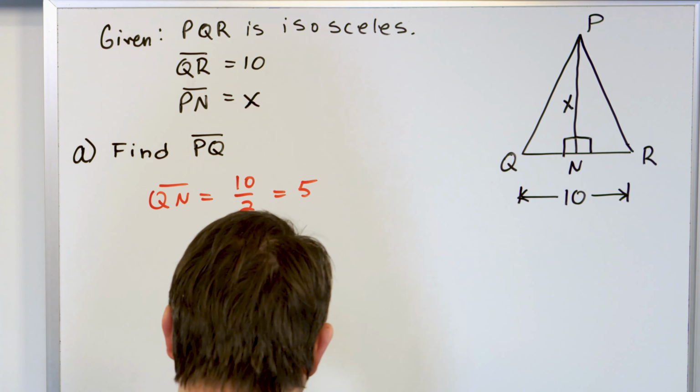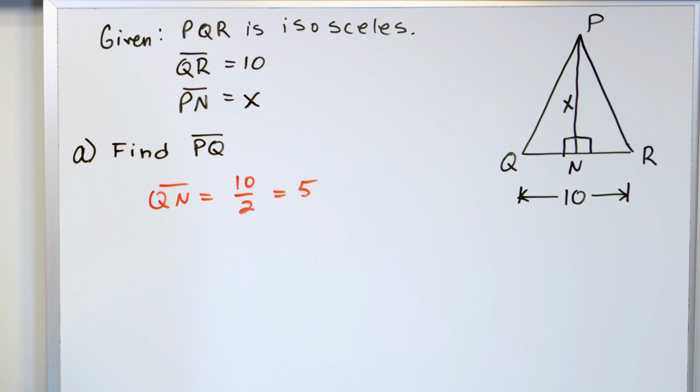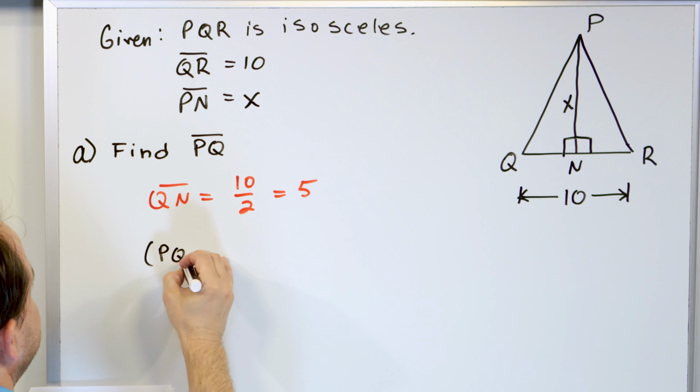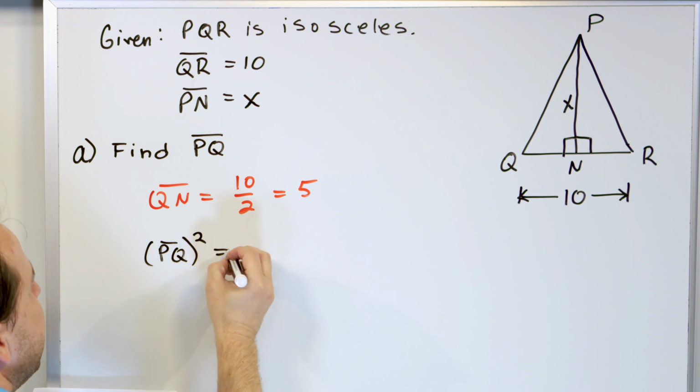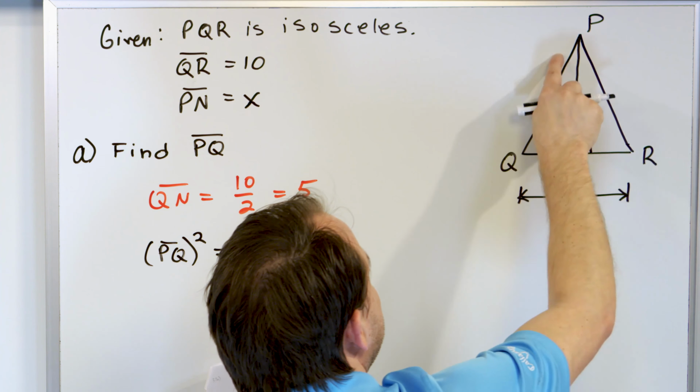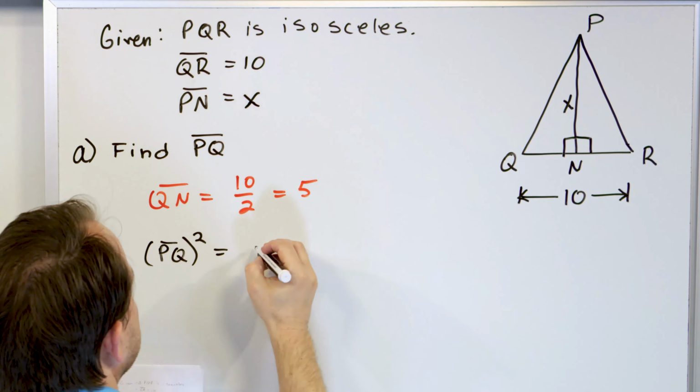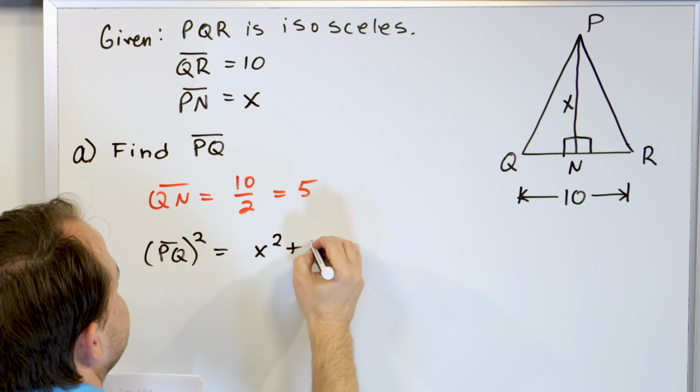That's all I can really do. So let's go ahead and apply the Pythagorean theorem to this. What the Pythagorean theorem says is that the length PQ, right? So I'm going to write it down like this. PQ, quantity squared, is equal to, so that's the length of the hypotenuse, is equal to this length squared plus this length squared. So x squared plus 5 squared.